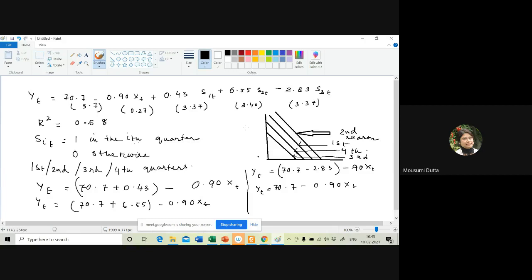So if we find that the t statistic is statistically significant, we understand there will be a significant jump or significant change in that season. If the t ratio is insignificant, in that case we will understand there will be no variation.